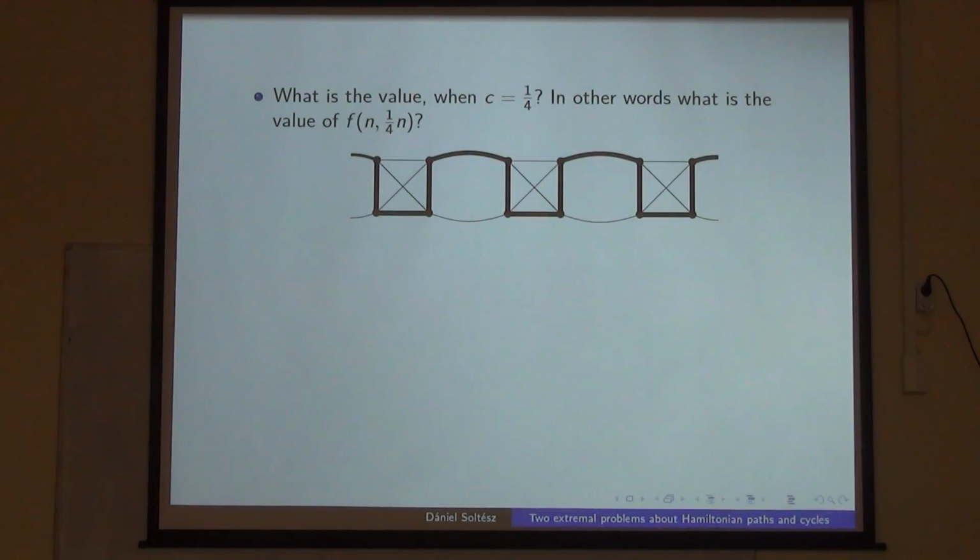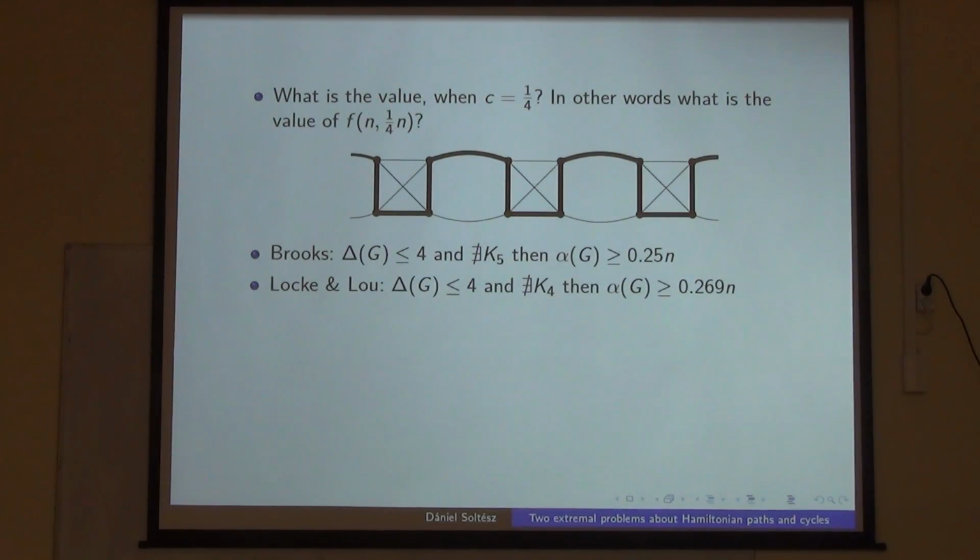So, from the Brooks reasoning, we didn't really use the full power of the Brooks theorem. We used something like this. This is not Brooks. This is not true at all because we need connectedness, but let's not bother with these things. So if delta is at most 4 and we forbid K5s, then we have a lower bound on the independence number. And there are many similar theorems like that. For example, this is what we use.